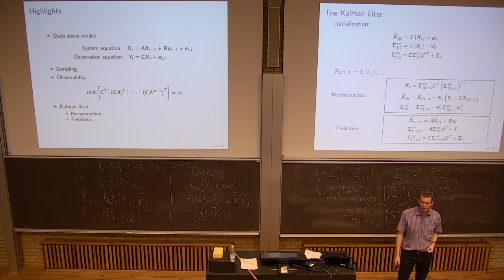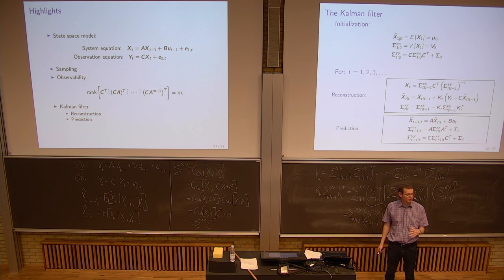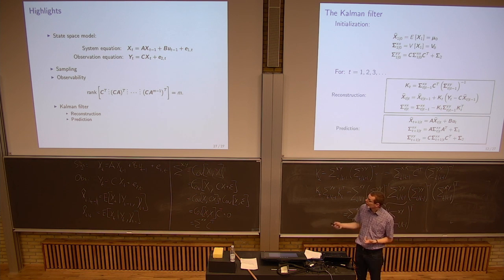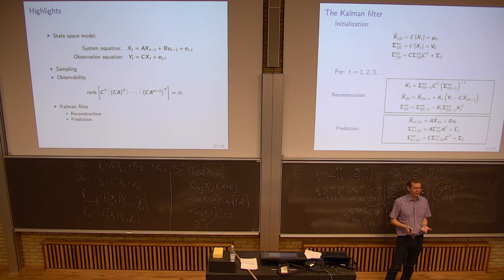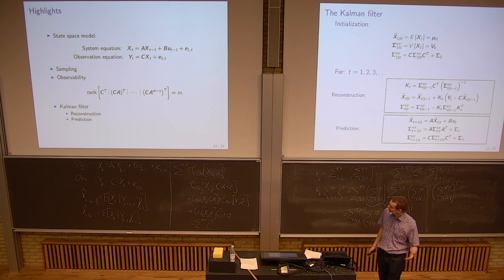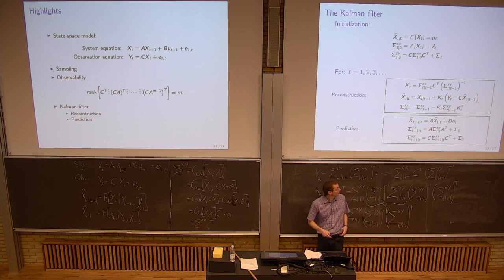But the system description in continuous time is usually simpler than in discrete time. It's important to consider if the system you're looking at is actually observable, because if it is not, there's no point in running through the filter. If you cannot observe the state, you should not go through it. And then I would have loved to have space in here to present the expression for the reconstruction and the prediction, but I have them over here.